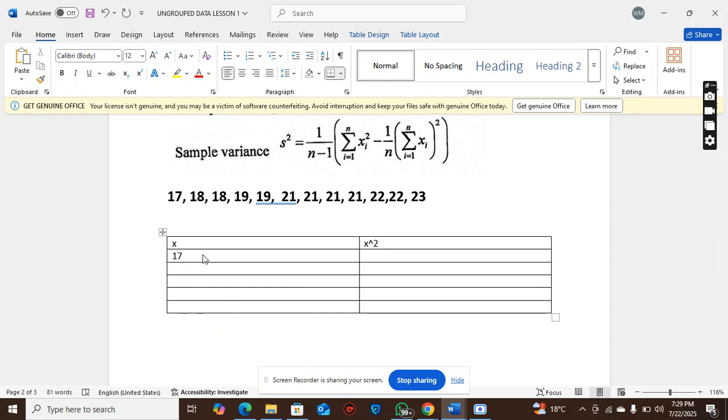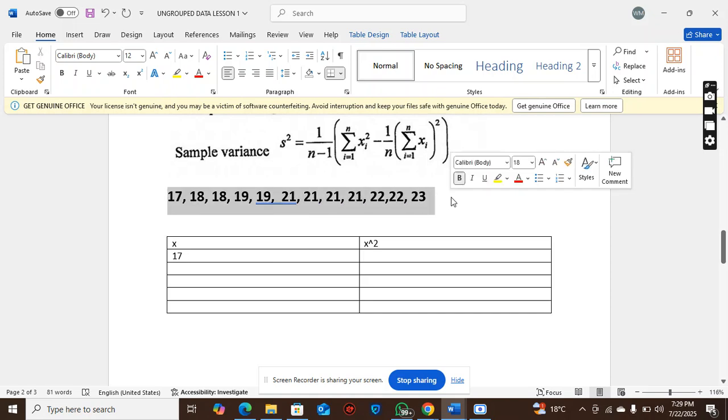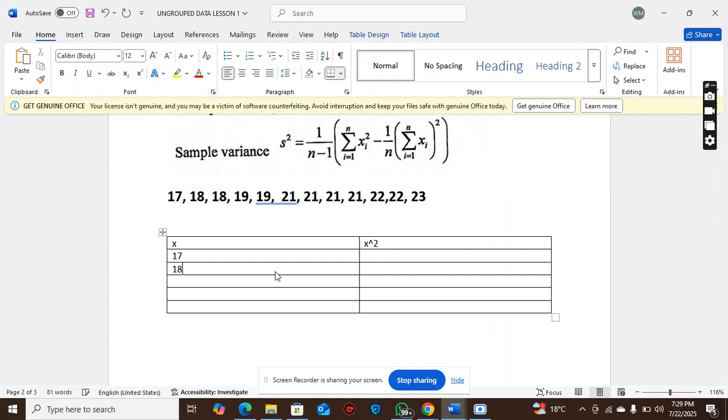So let us start squaring. What is 17 squared? We have to square all of these values here. So 17 squared, what is it? Then we have to square 18.